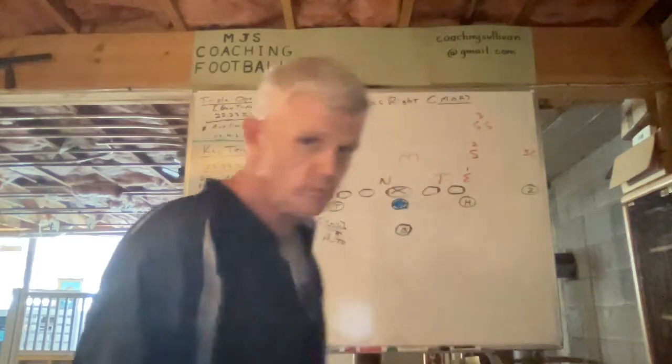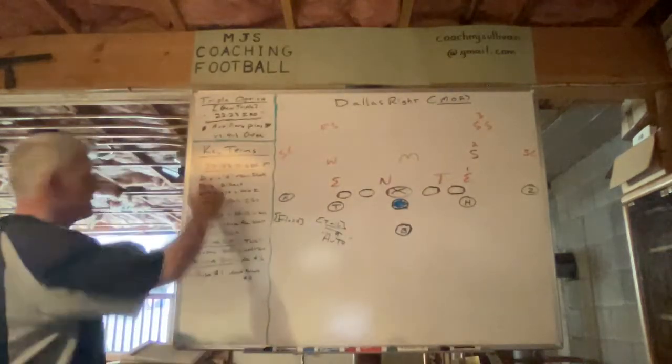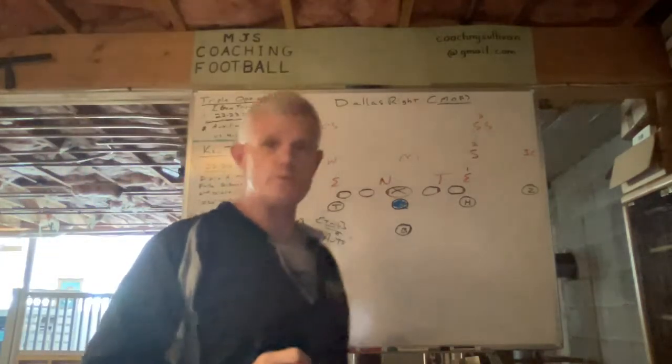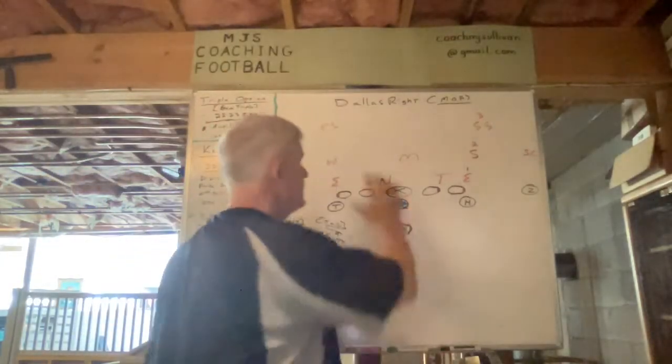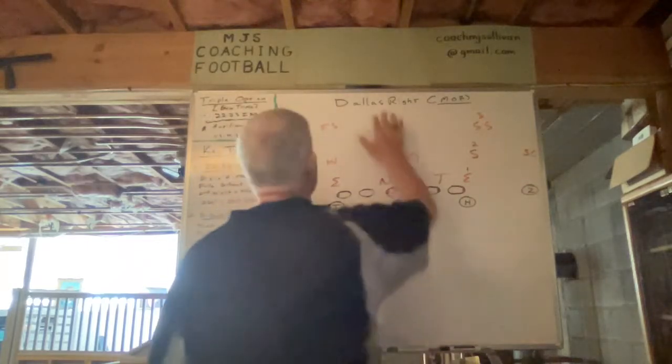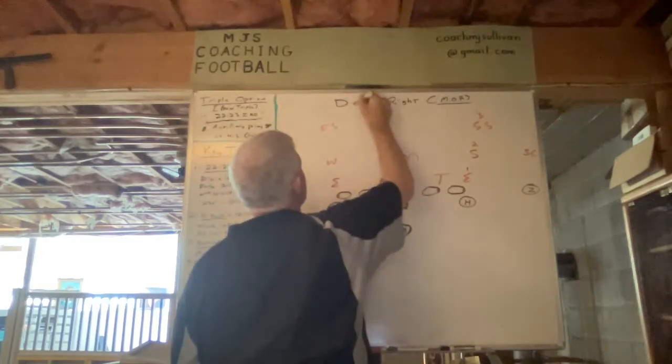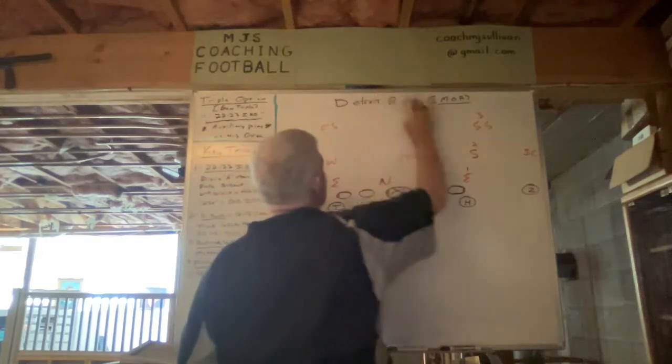What I'm going to do is go through the key terms over here on the left, to help you better understand 22, 23 ISO. And then over here, I have a diagram for you, out of our 2x2 set that we call Detroit, and it's in the middle of the field.